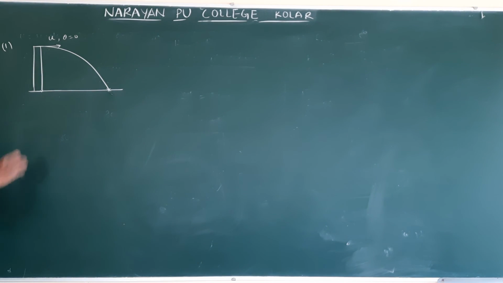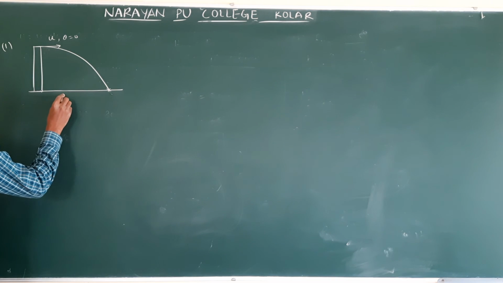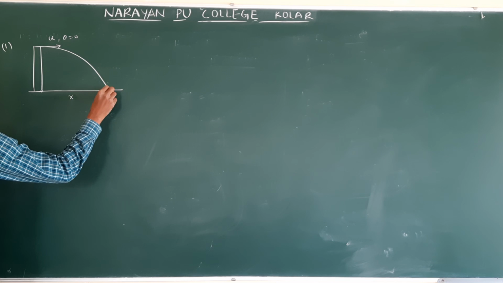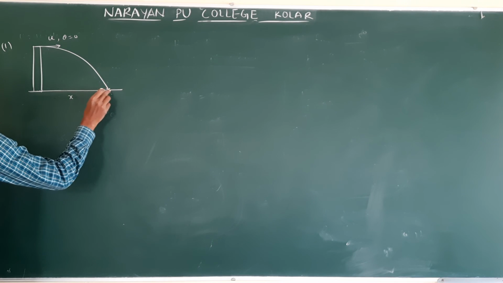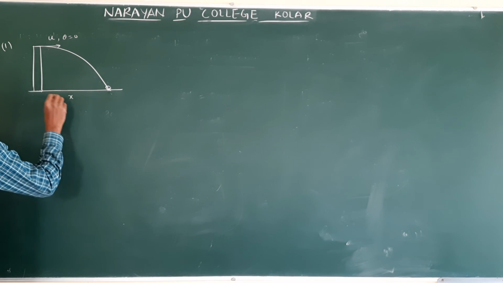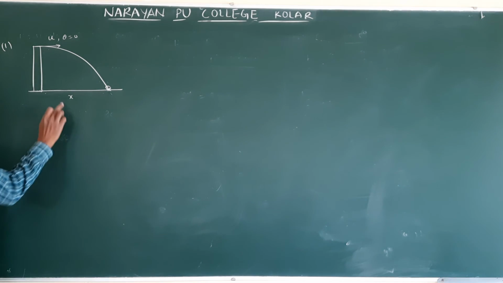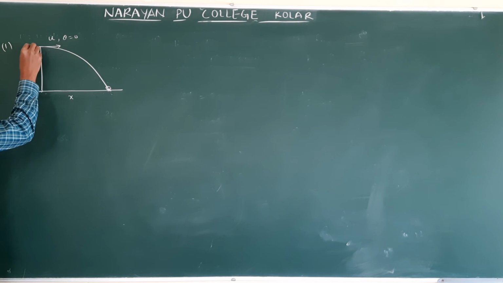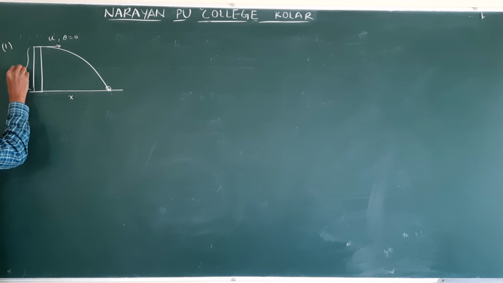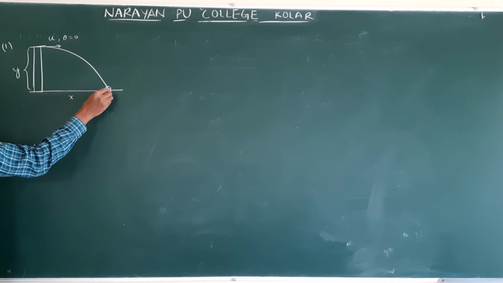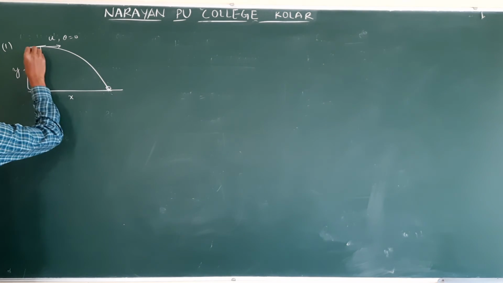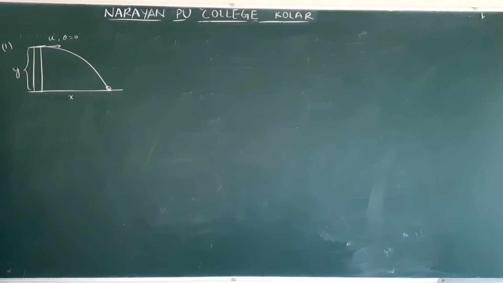Clear? So if it is the complete journey, just before it hits the ground, not after hitting, the horizontal distance covered is x and the vertical distance covered is y. This is the initial position, this is the final position. Displacement along the y direction is y, displacement along the x direction is x.